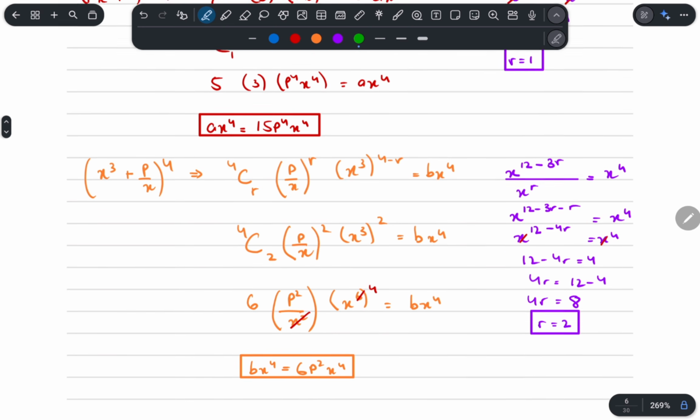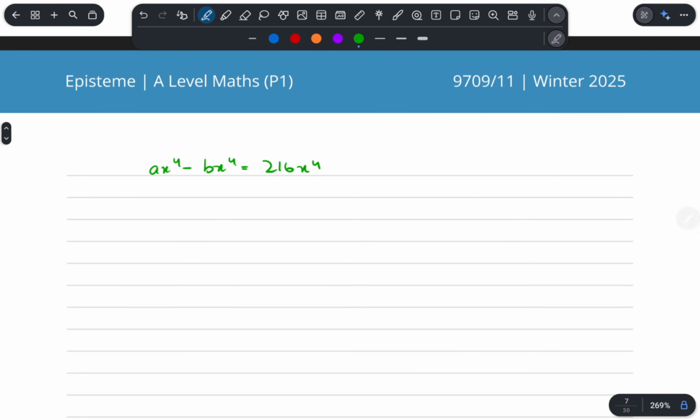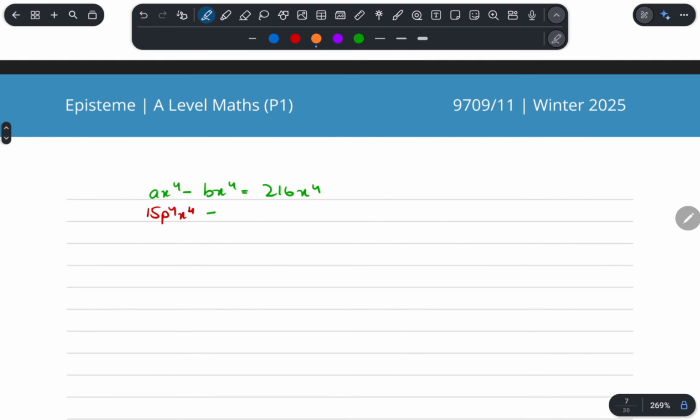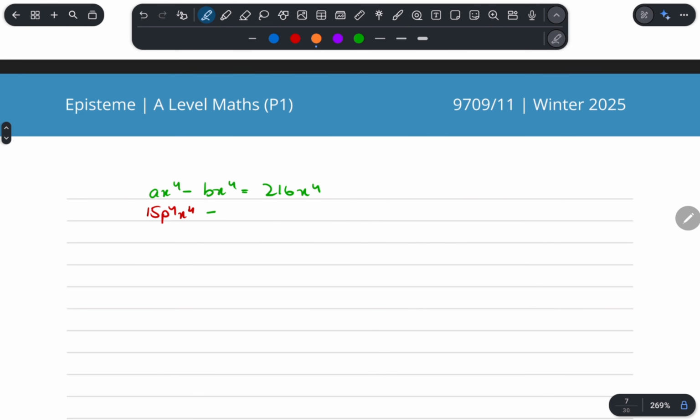A is 15p^4 x^4 minus b, which is 6p squared x^4, equals 216x^4.